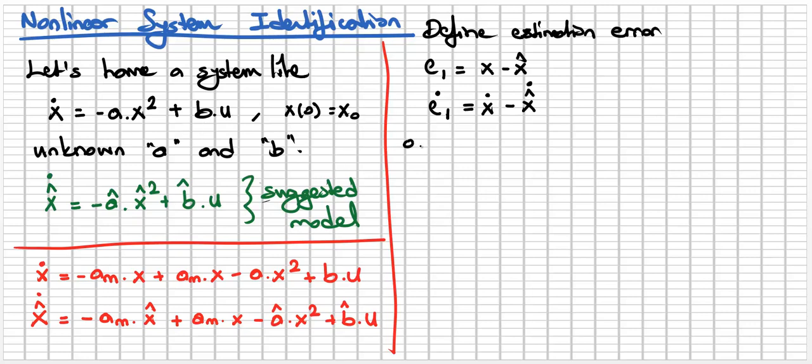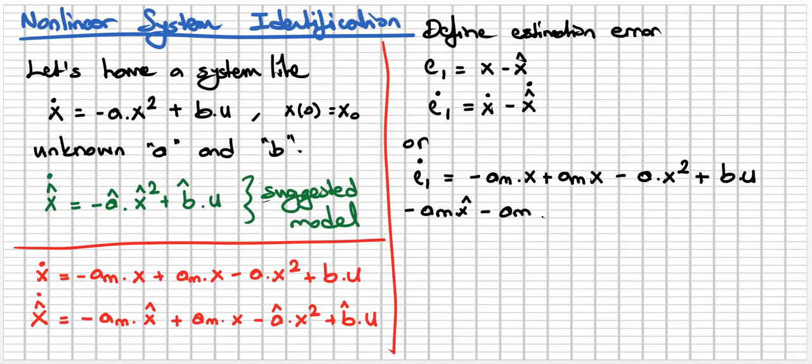Okay, and so we can write E1 dot is equal to a_m times x plus a_m x minus a times x squared plus b times u, minus, I'm sorry, minus a_m x hat, and then minus a_m times x plus a hat x squared minus b hat times u.